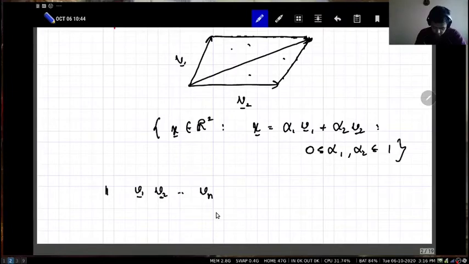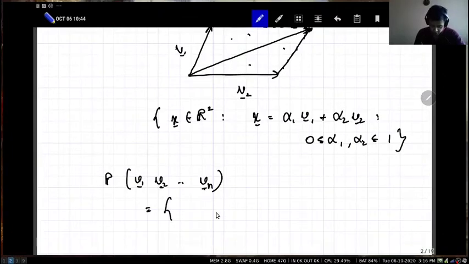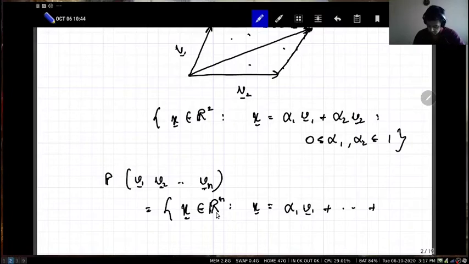So the parallelepiped defined by these vectors v1, v2, up to vn is basically the set of all vectors in Rn which can be written as a linear combination of these n vectors, but not for all values of the coefficients. You only choose the coefficients to be between 0 and 1. Right?